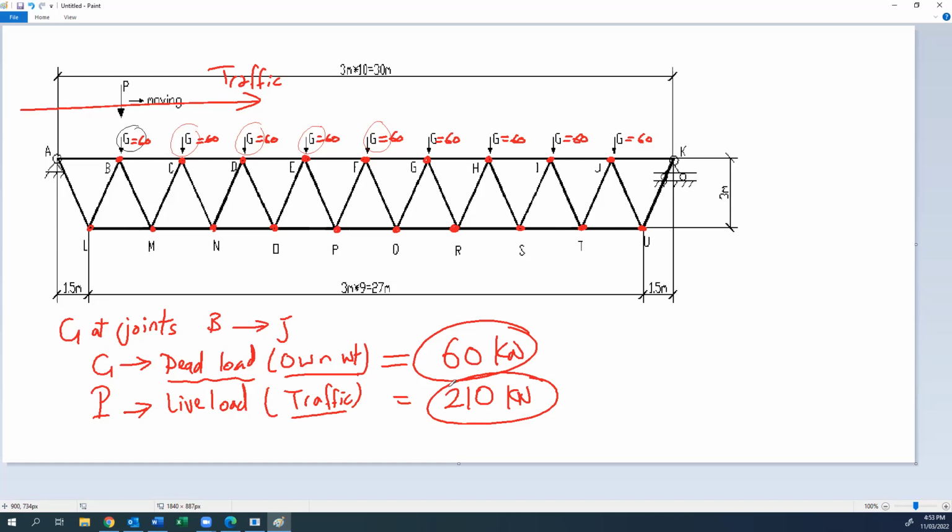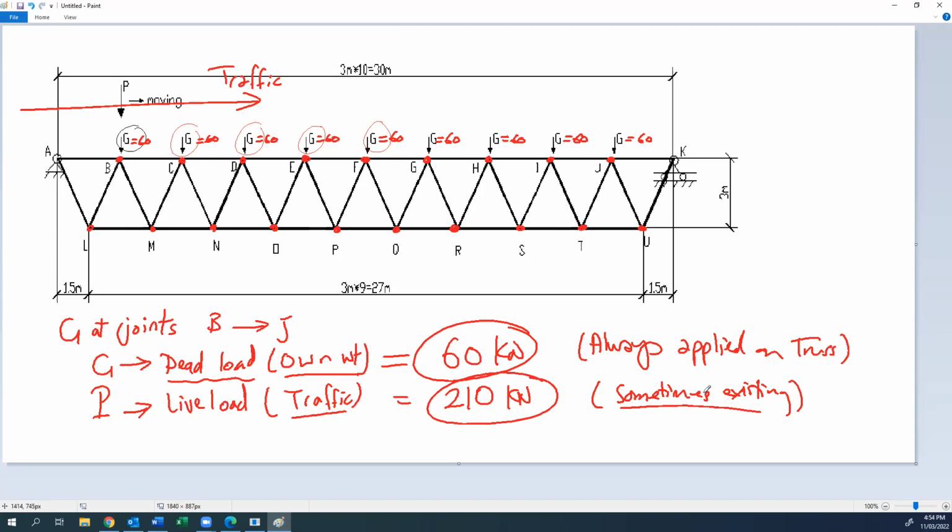G is a dead load, so G is always there on the truss, at each node from B to J. But because B is a live load, it is sometimes there and sometimes not there.